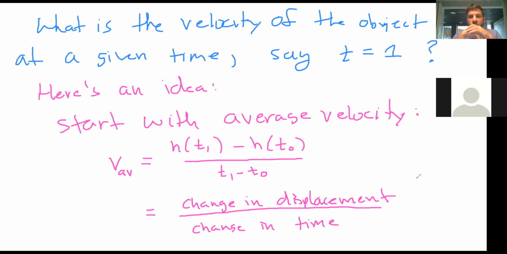So what we'd like to do is use this idea to get information about what's happening when one of those instances in time is the number 1 second. Now, this average velocity is not a new friend. You've seen this before. This average velocity is just another way of writing your difference quotient. That's all it is. It's a difference quotient.